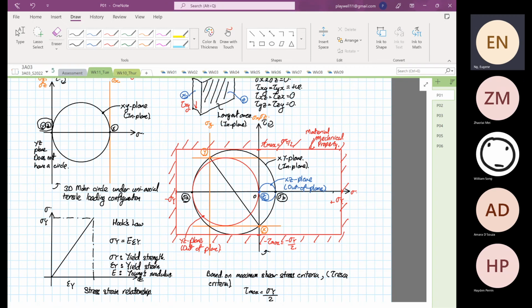I want you all to construct the 3D Mohr circle on your own rather than looking at the results from the publisher, because what I'm going to teach you is so much easier to implement than what the solution manual is dealing with.